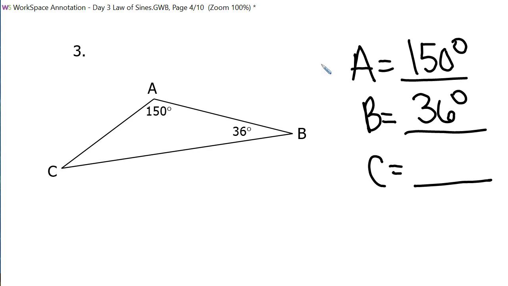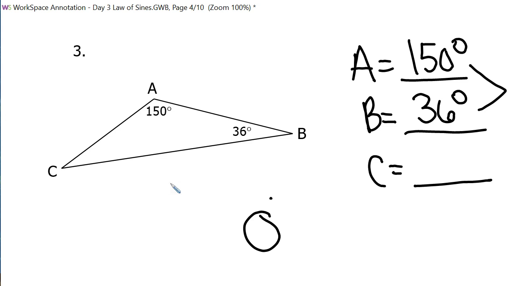What do you mean it doesn't work out? Yeah, if you add these two up, they add up to 186 degrees. Is that possible? Nope. So this one is no solution. So the three angles cannot add up to more than 180 degrees.